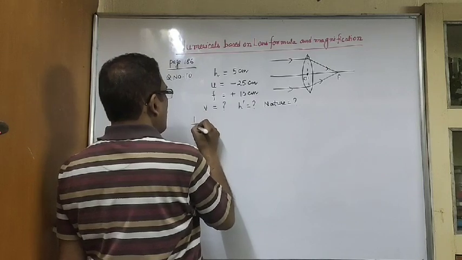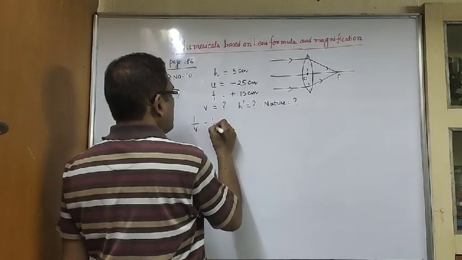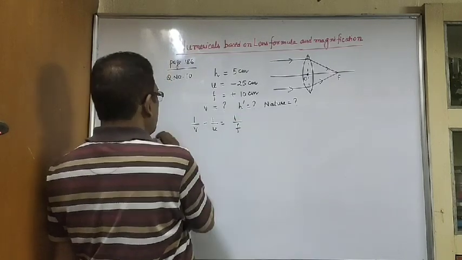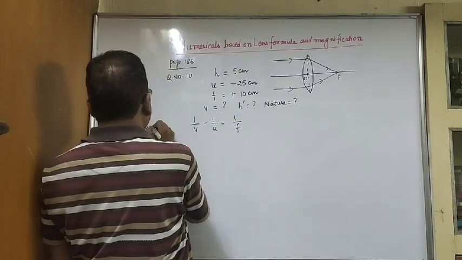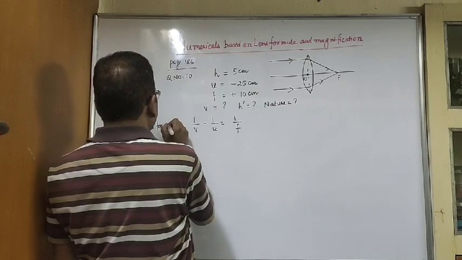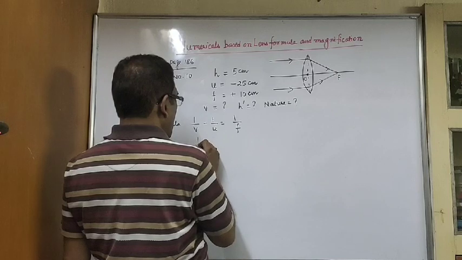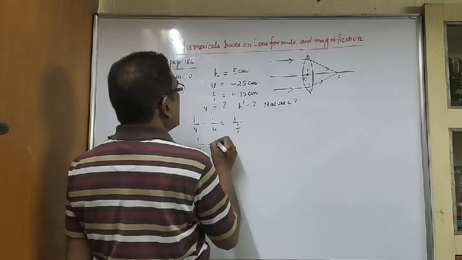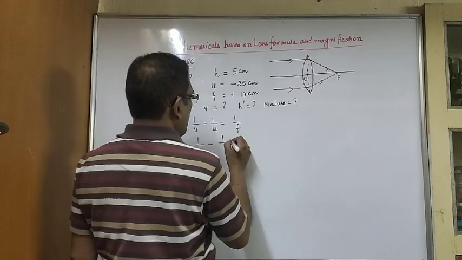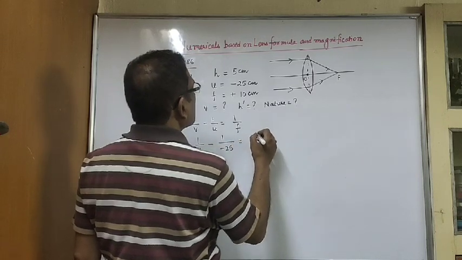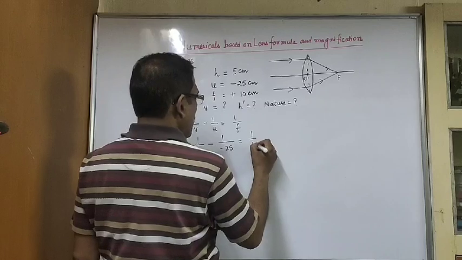So as we know, 1 by v minus 1 by u is equal to 1 by f. This is lens formula. So we are writing 1 by v minus 1 by minus 25 and focal length is how much? 1 by 10.